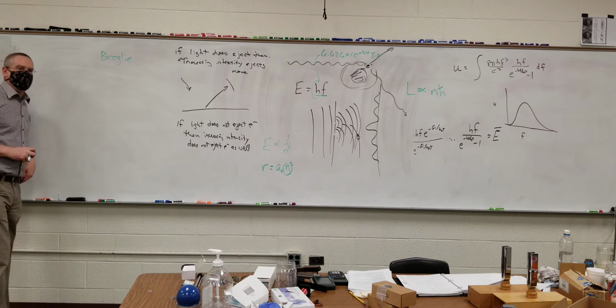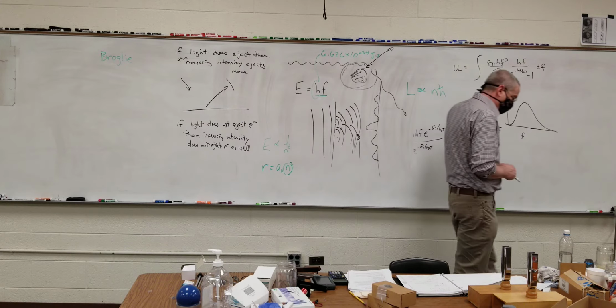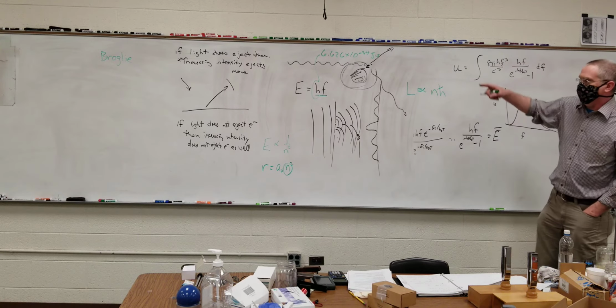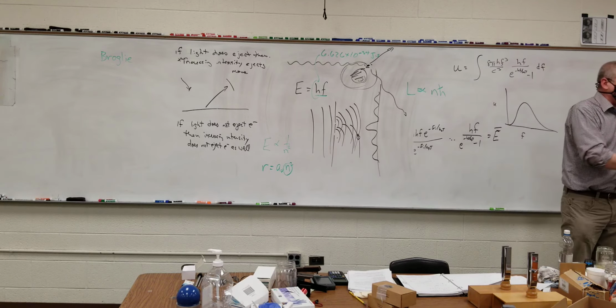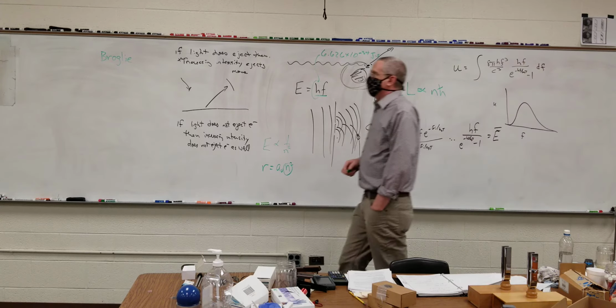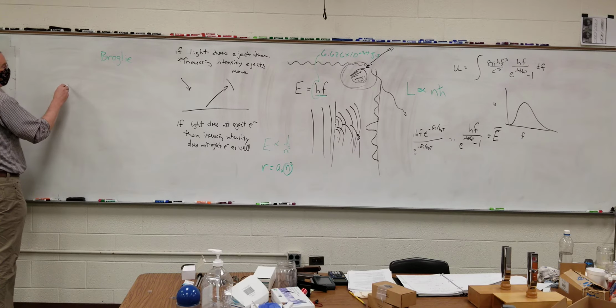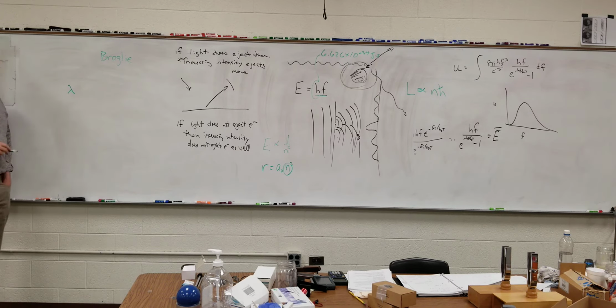He comes up with this crazy idea. Now, the fact that he's royalty probably doesn't hurt, but he said, well, if photons can behave like particles, can particles behave like waves? So he speculates that all things have a wavelength.